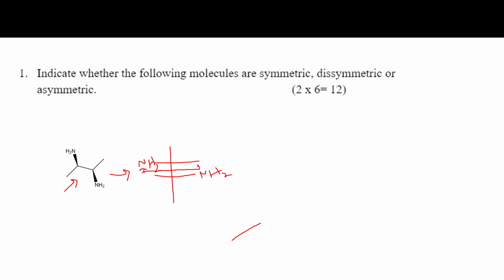You can rotate this molecule from this direction by 180 degrees. Then what will happen? Rotating in this direction, the 2-methyl is already there, and this NH2 will come here, and the NH2 below will come here.